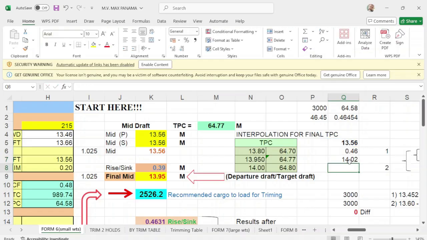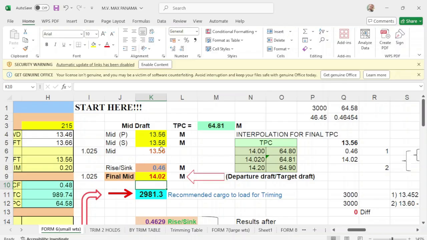This should be your departure drop. So you put here 14.02, and your sinkage will be 0.46 meters or 46 centimeters. So your departure drop would be 14.02.